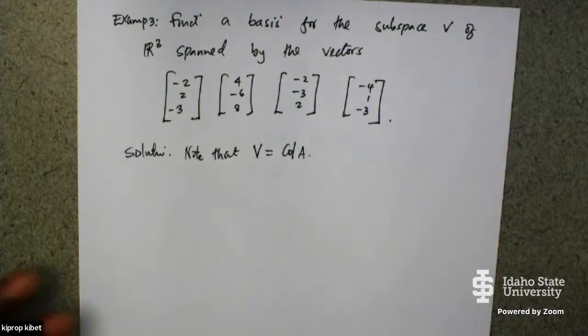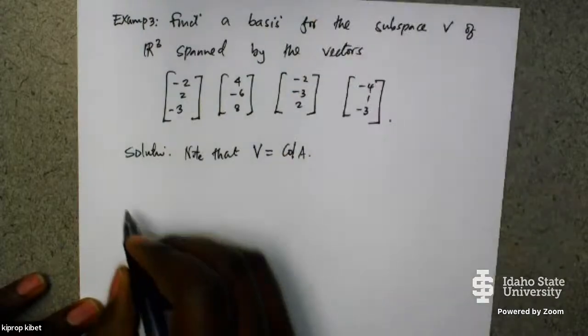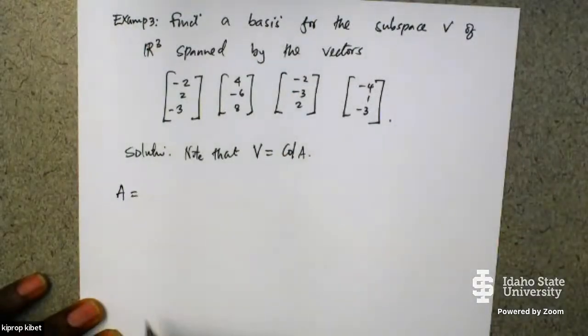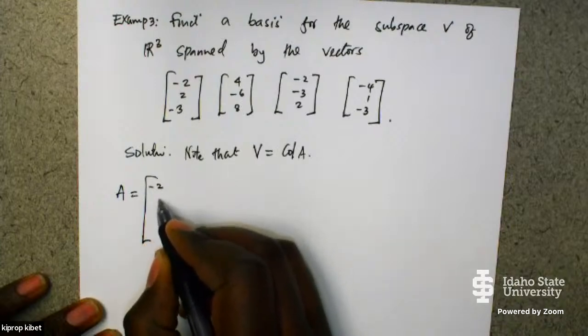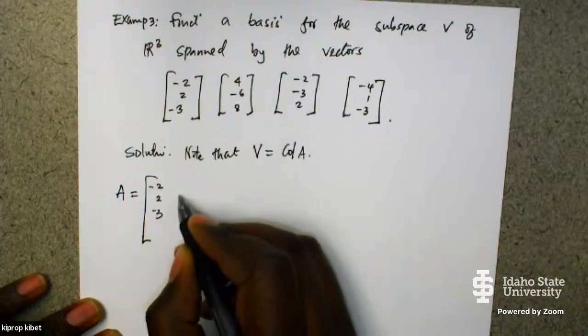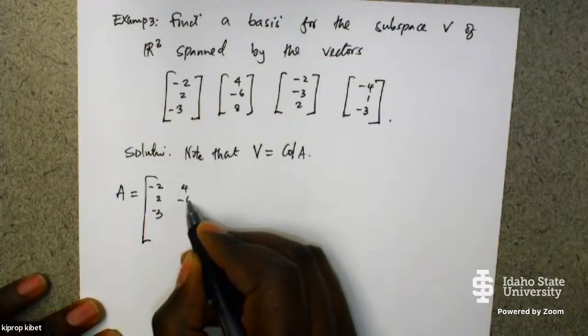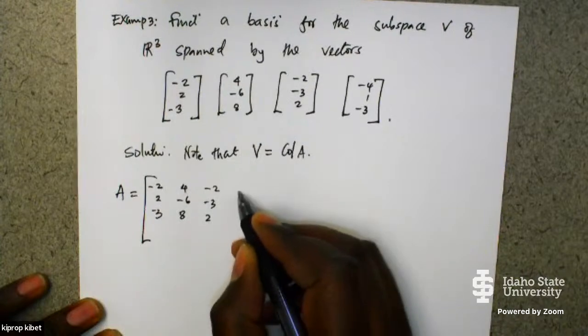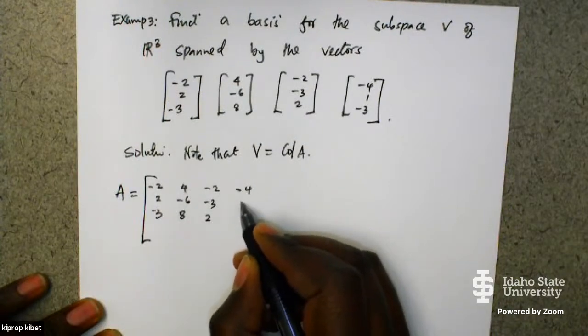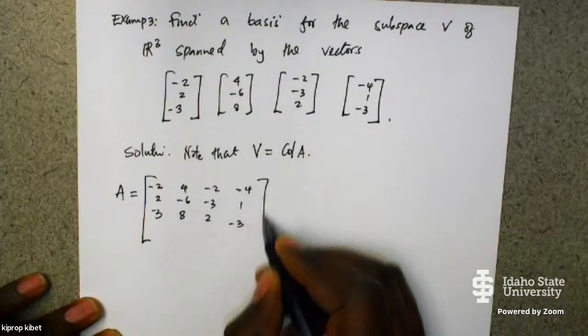So here, we put this matrix as A, in matrix form: -2, 2, -3, 4, -6, 8, -2, -3, 2, and then -4, 1, and -3.